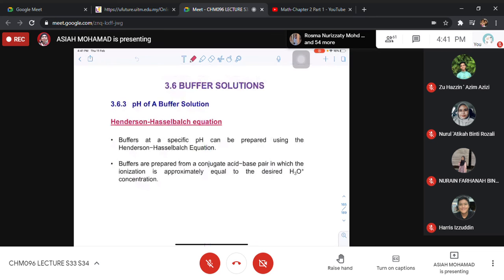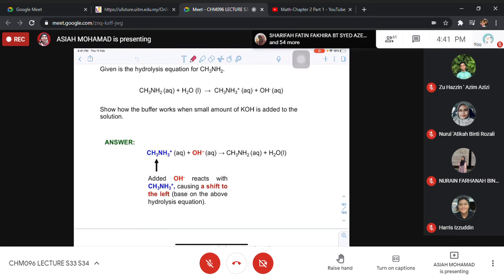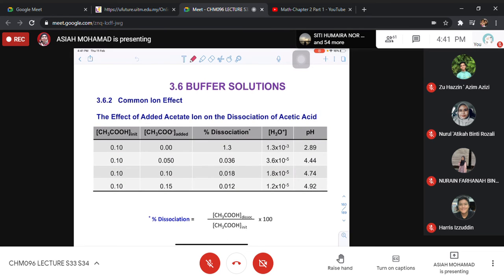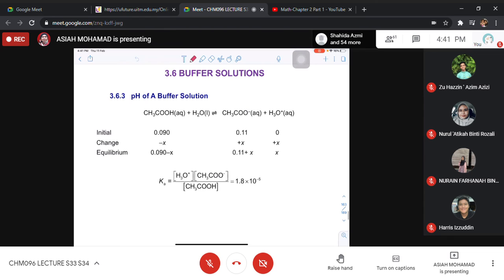Alright, for this calculation of pH, it's just a bit different from the one that you have learned previously when you construct the ICE table.